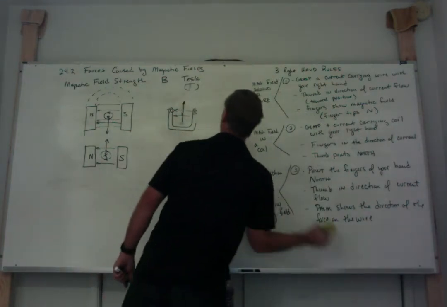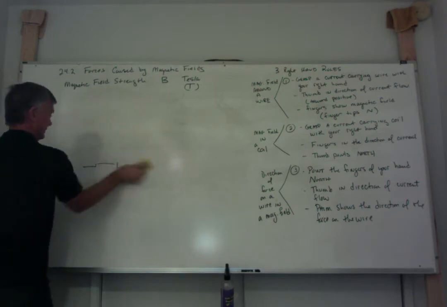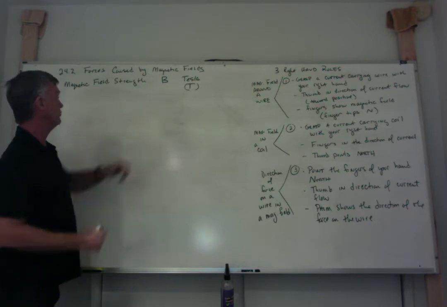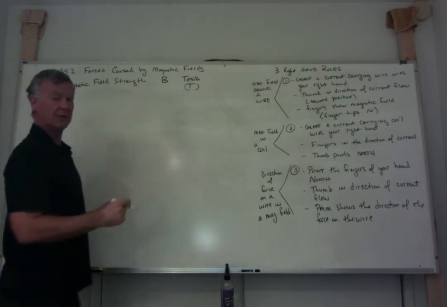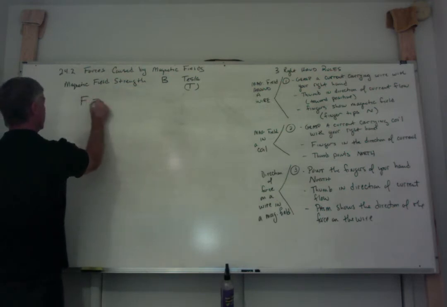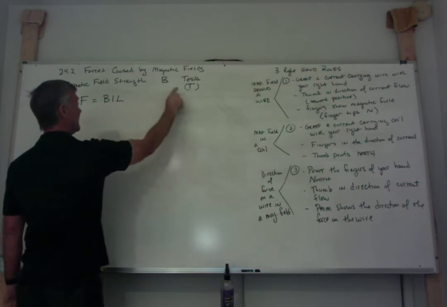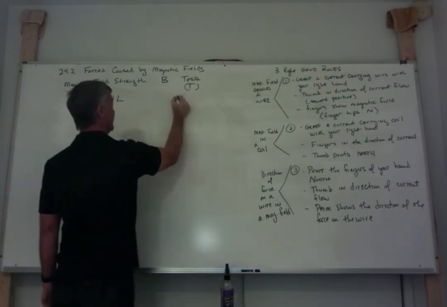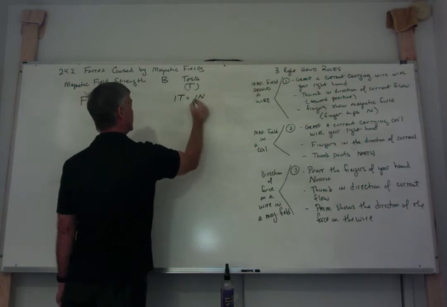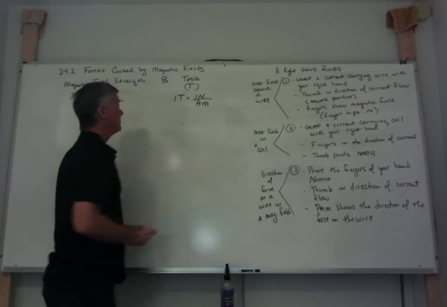Right? Now, there is an equation that tells us what the force will be. It's my favorite equation in all of physics. It is force is equal to Bill, where B is in Teslas. And by the way, I should have mentioned that 1 Tesla is 1 Newton divided by amp meters.